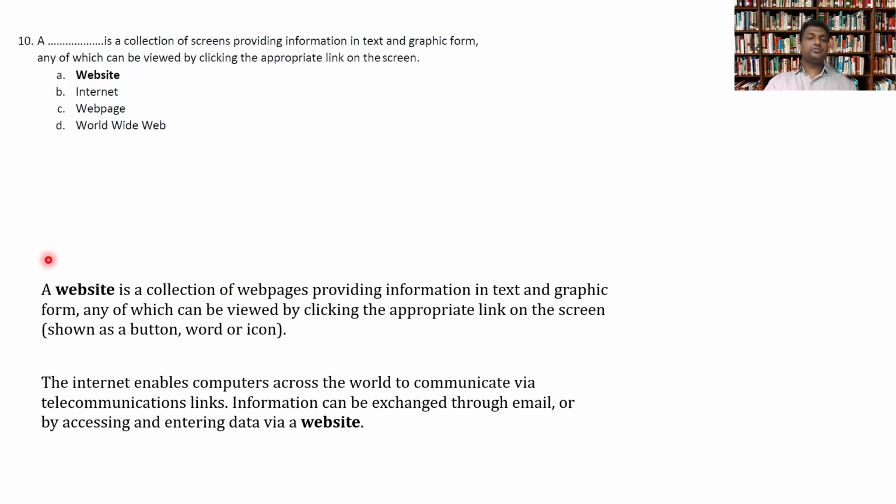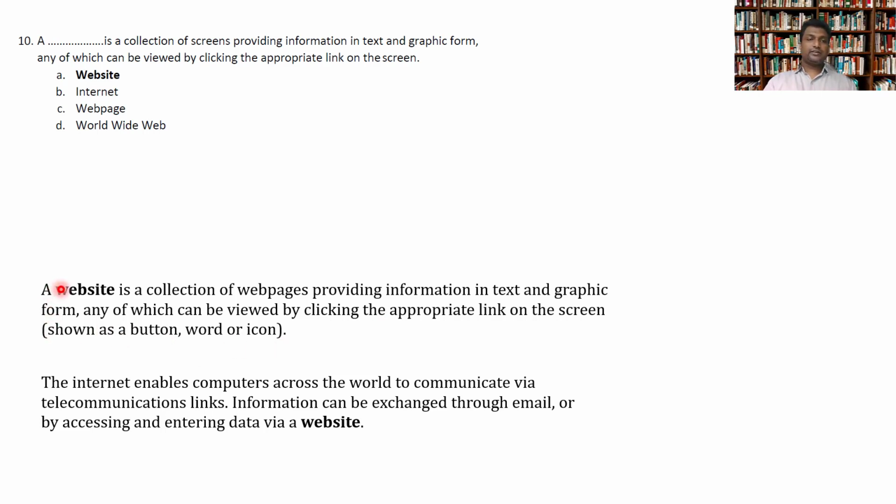So textbook says something like this: a website is a collection of web pages. So web pages, a group of web pages belonging to the same category, becomes a website, right? Providing information in text and graphic form, any of which can be viewed by clicking an appropriate link on the screen, which can be a button, a word, or an icon.